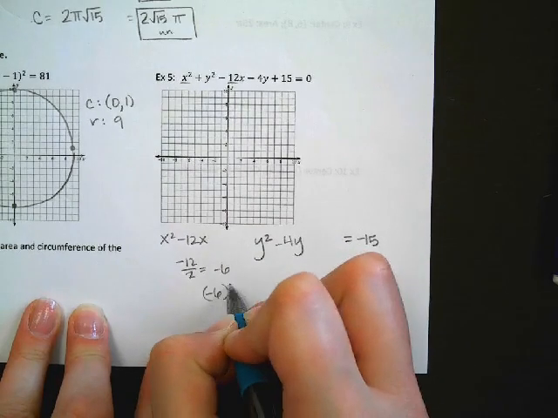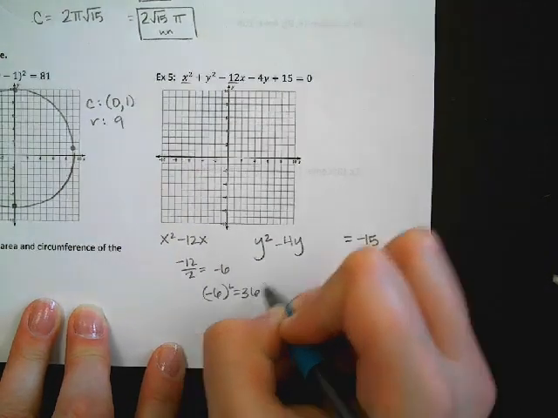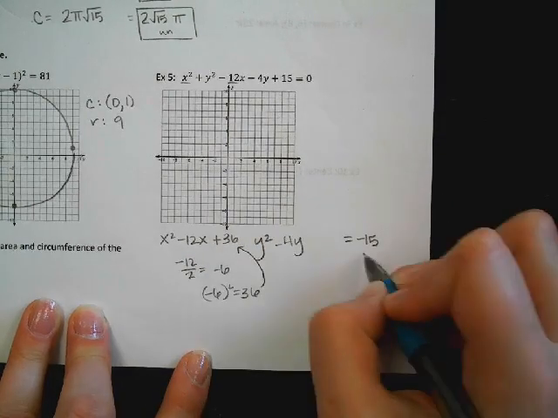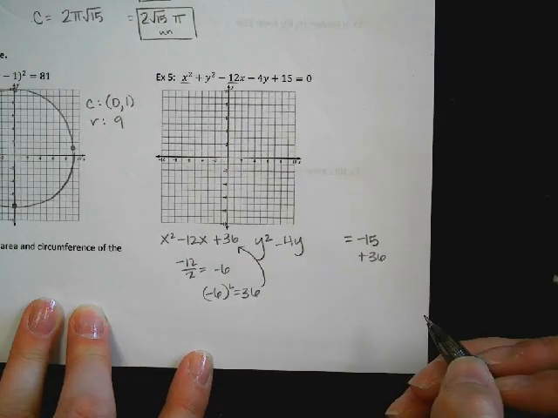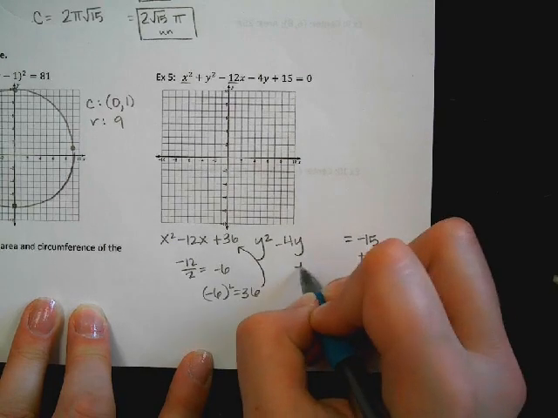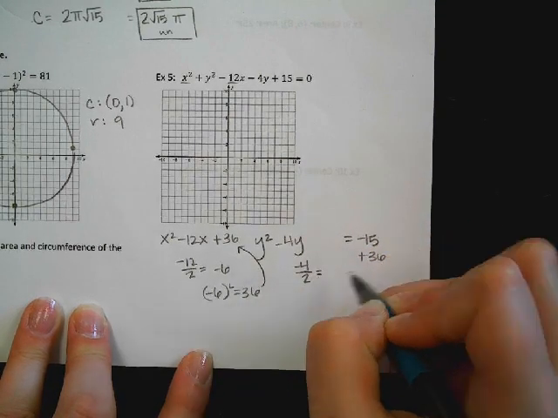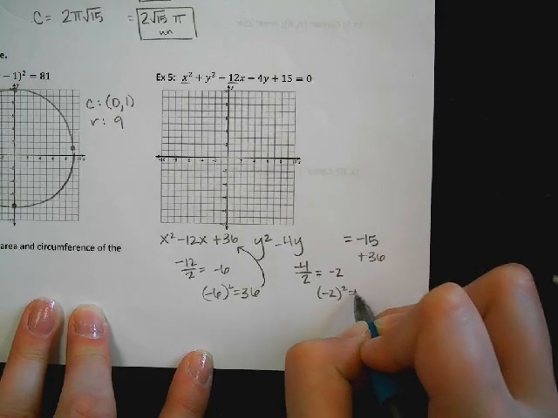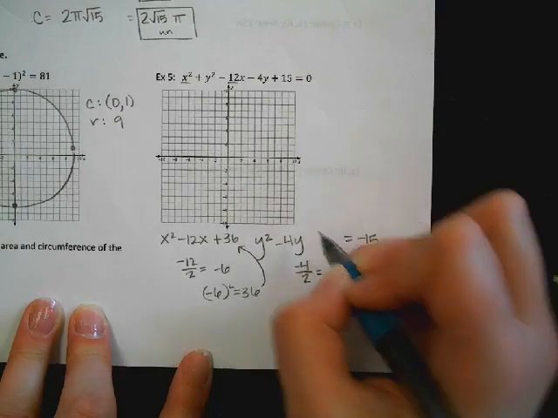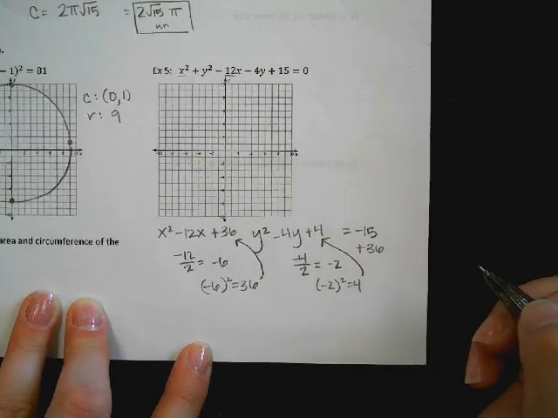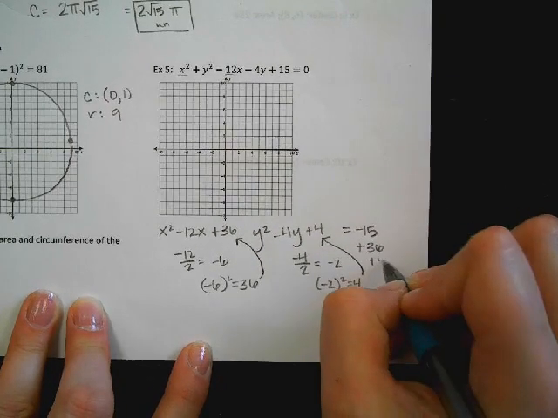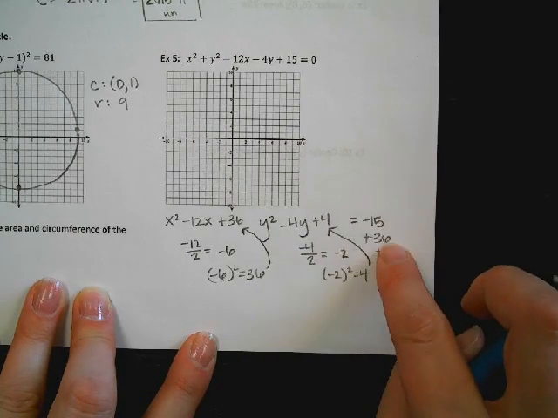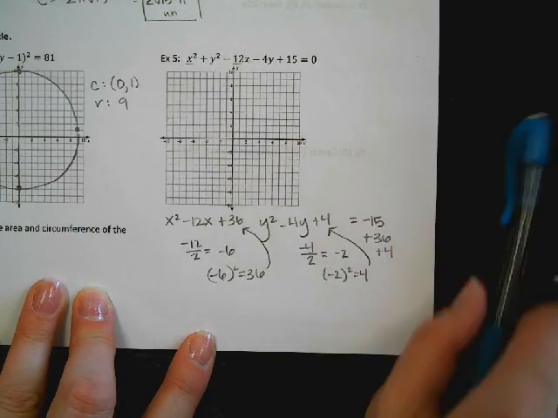Negative 6 squared is 36, and so that's the number that completes the square. For this one, negative 4 divided by 2 is negative 2. Negative 2 squared is 4, so that's the number that completes the square for the y's. And you'll notice that each time I completed the square, I made sure to add the number to the right side of the equation.